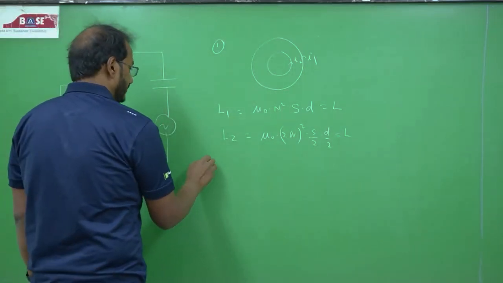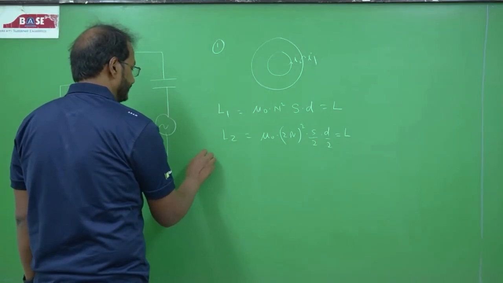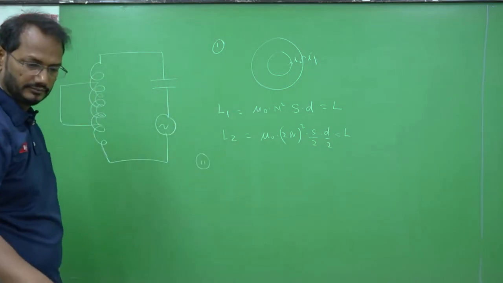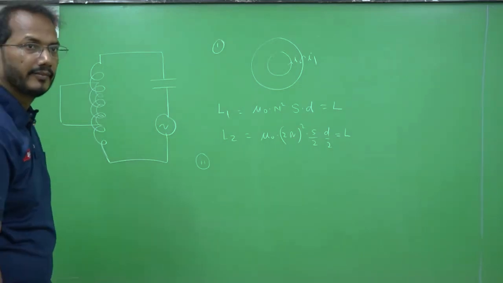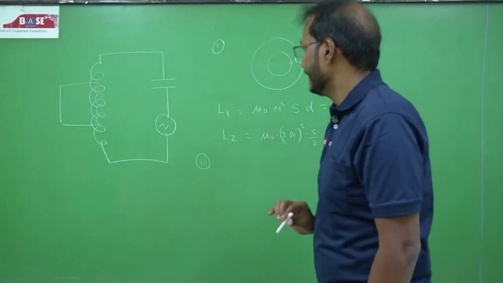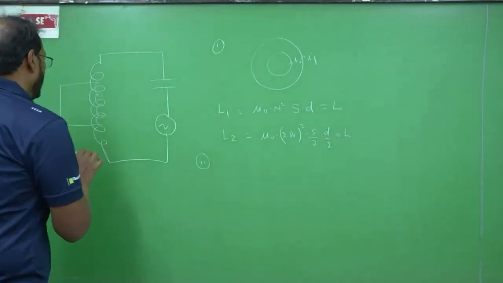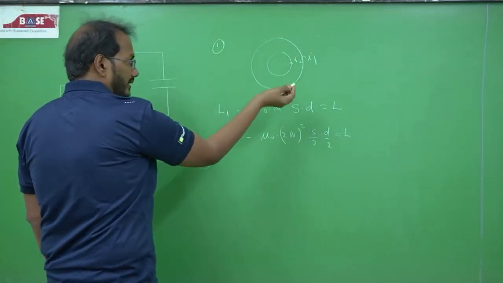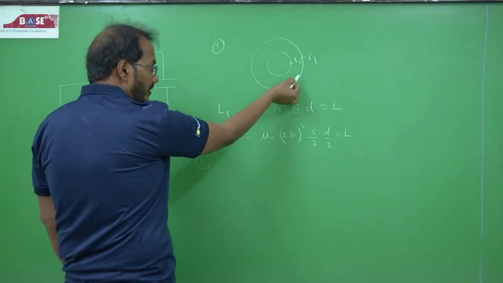Now, second step. In the second case, in the smaller coil, magnetic field due to only the bigger coil.